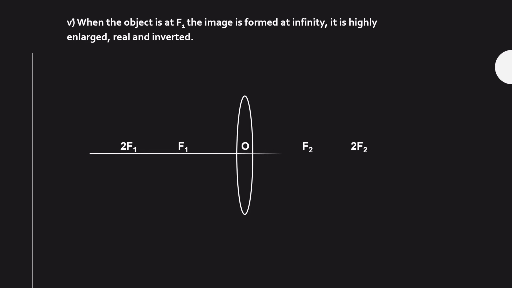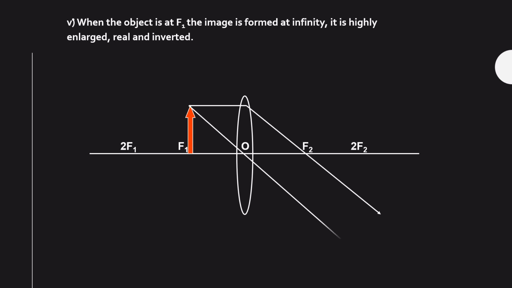When the object is placed at f1, the ray of light parallel to the principal axis passes through focus and the ray passing through optical center moves undeviated. Let us complete the arrow marks. Now look at this particular ray diagram.